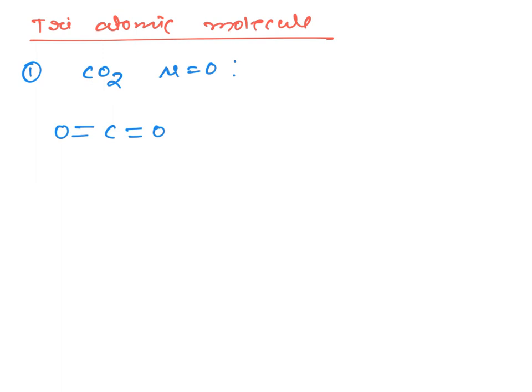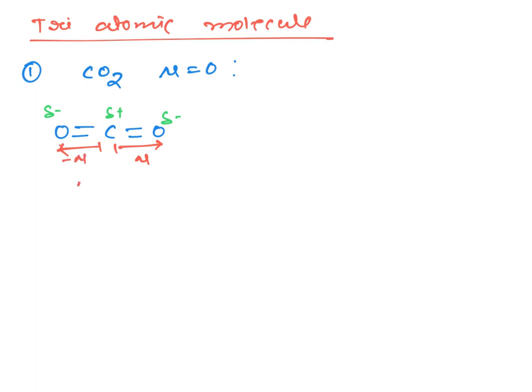Here oxygen is more electronegative than carbon, and the bond is polarized in this fashion. So the dipole moment is represented in this fashion: carbon-oxygen, let us assume it is mu, and the other is in the completely opposite direction, minus mu.